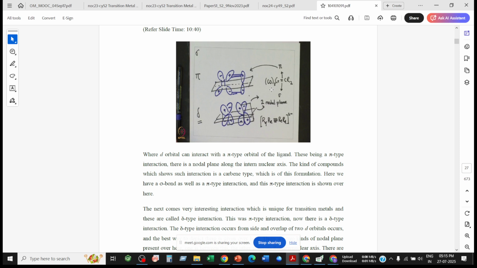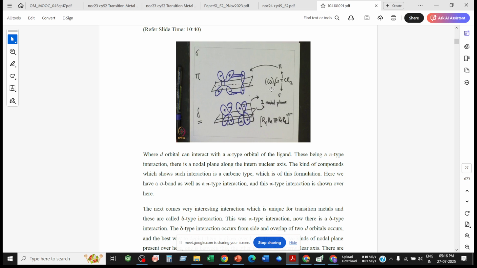The delta bond has two nodal planes. So this can also be asked: a pi bond has one nodal plane, whereas the delta bond has two nodal planes. In any other exam you have to draw this picture and explain why the delta bond has two nodal planes.